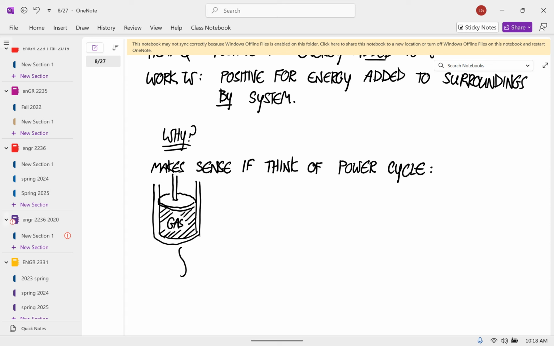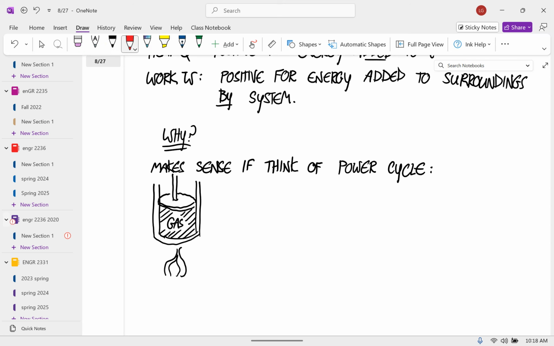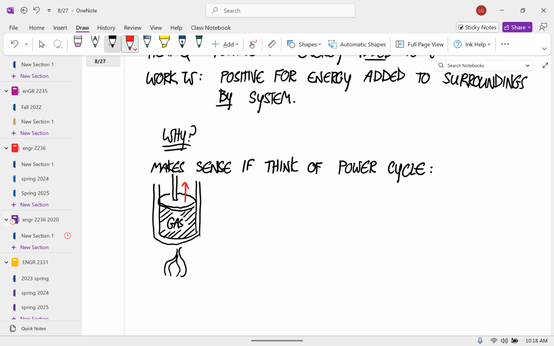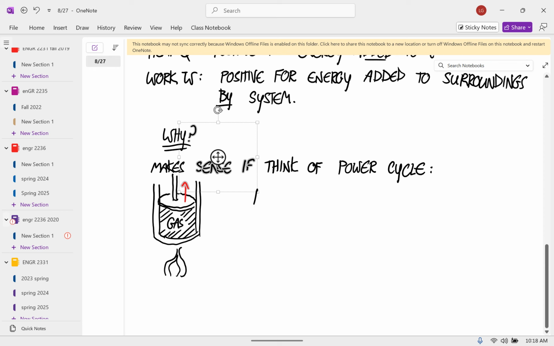And let's say you use a fire to heat up the gas. The result is that the piston rises, and you can use that rise in the piston to do work on the surroundings. And so what we have here is that heat is added to the gas.